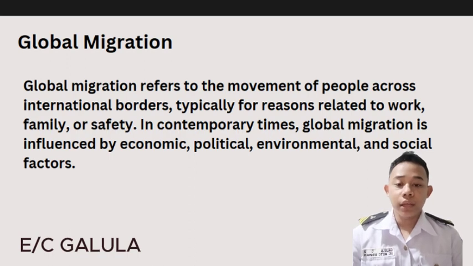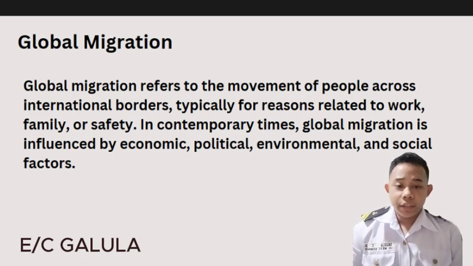It is a complex and multifaceted phenomenon influenced by factors like globalization, economic disparities between countries, demographic trends, and political developments.